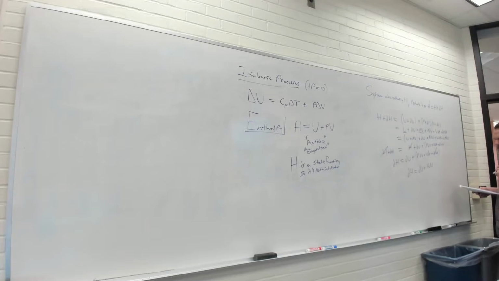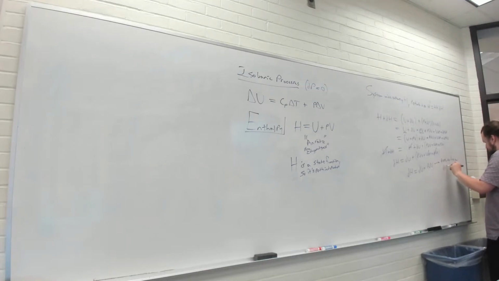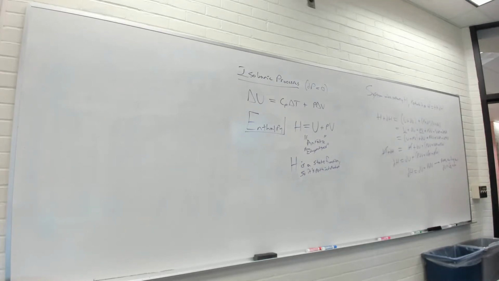Now what we can do is apply the first law, which is that dU is the change in heat plus the change in work. But the definition of work is minus pressure times the change in volume, PdV.